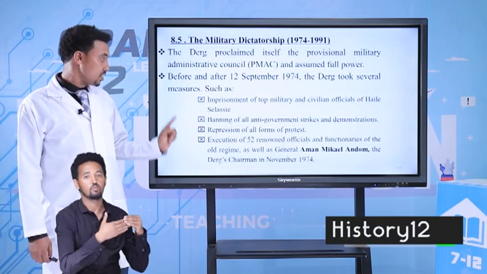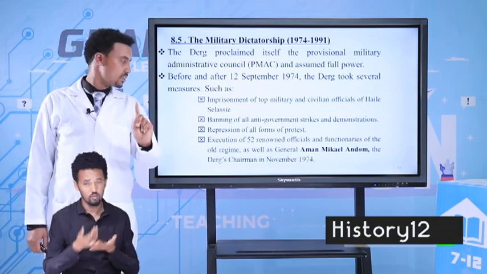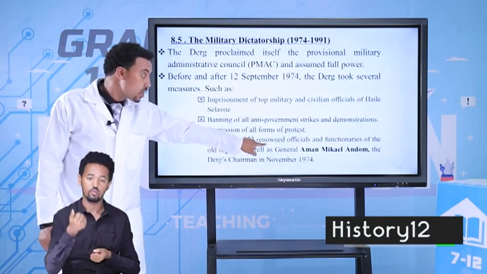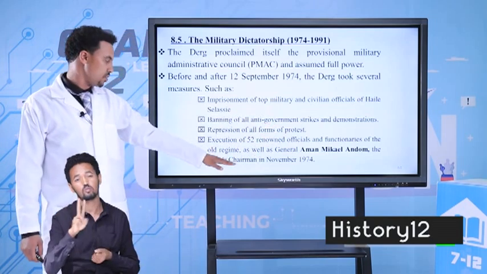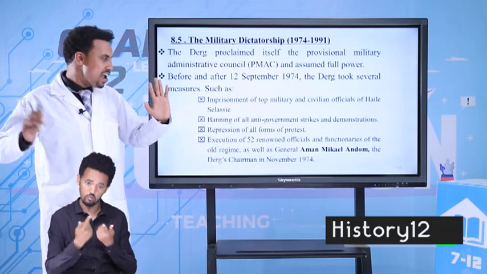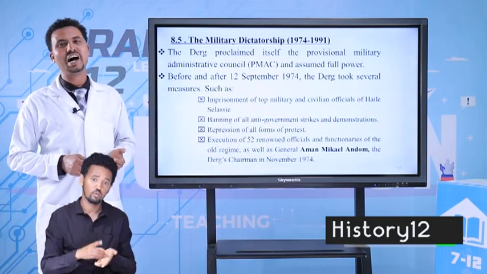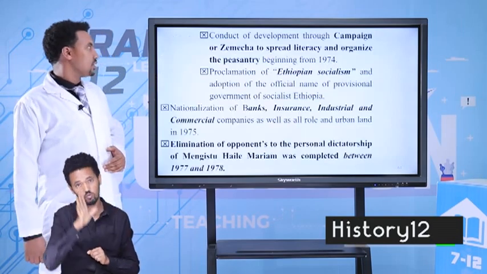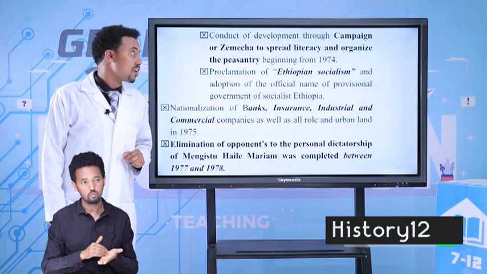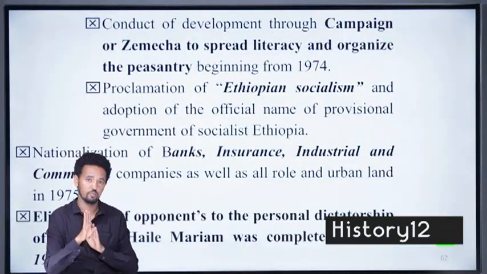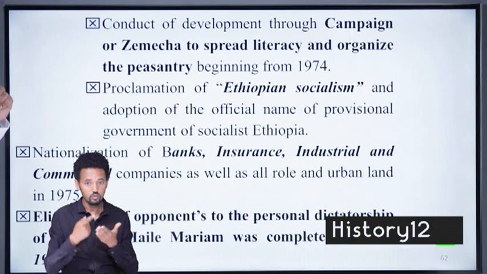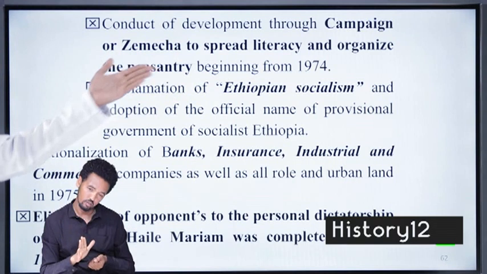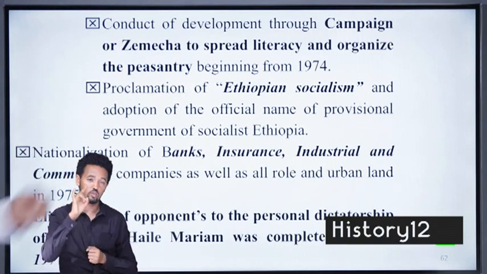Third, repression of all forms of protest in the country. Execution of 60 renowned officials and functionaries of the old regime, including its chairman, Aman Mikhail Andom. And conducting development through campaign. By the way, this was a good activity of the Derg, conducting development through the Zemecha to spread literacy and organize the peasantry beginning from 1974.